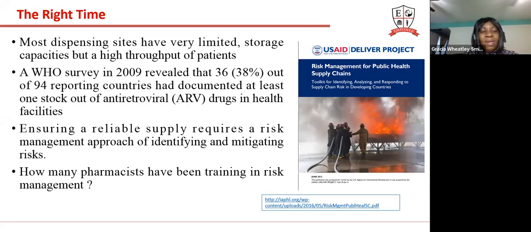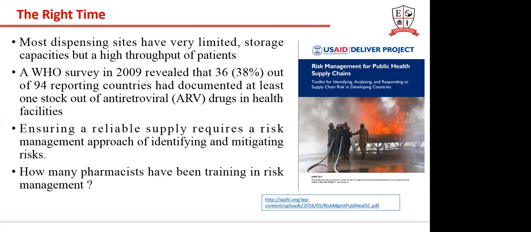A World Health Organization survey in 2009 revealed that 38% of the 94 reporting countries had documented at least one stockout of ARVs in health facilities. The right timing: ensuring a reliable supply requires a risk management approach of identifying and mitigating risk.